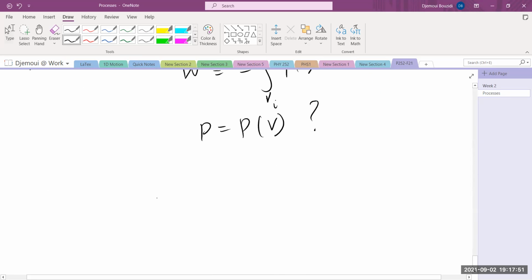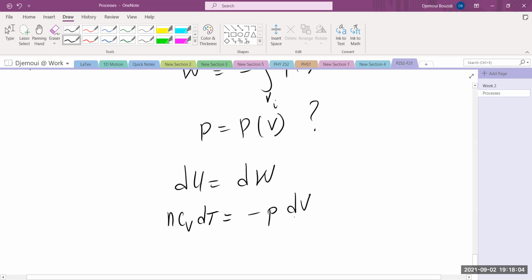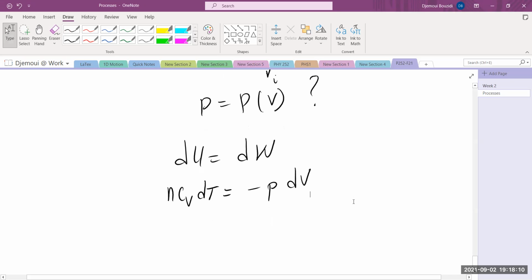So in an infinitesimal process, dU is equal to dW, and this is equal to nCv dT, and this is equal to minus P dV, okay? But the pressure now changes as a function of volume, and so does the temperature.